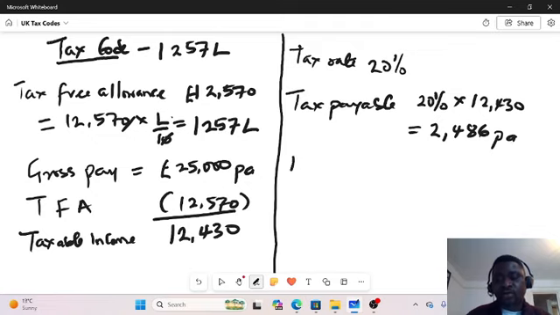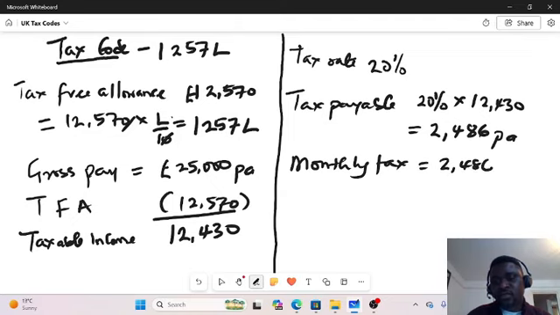So the monthly tax will now be 2,486 divided by 12.